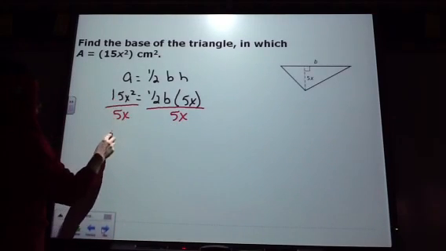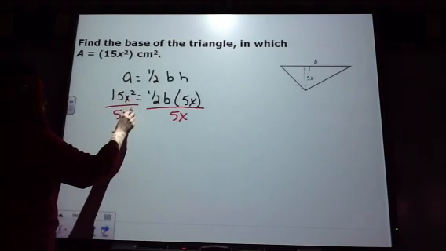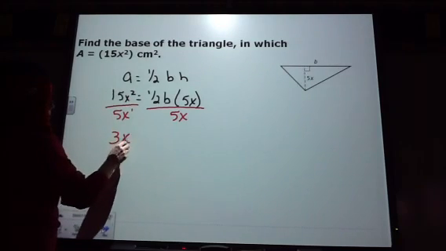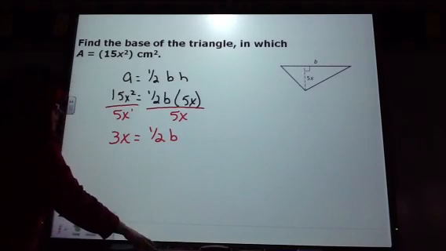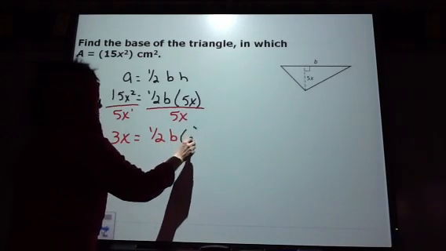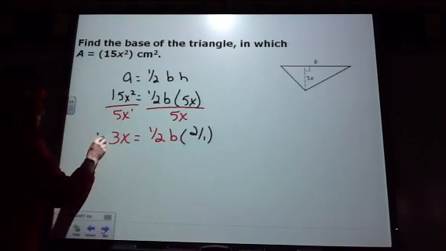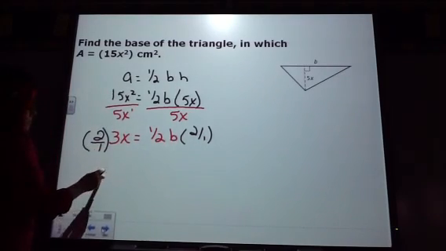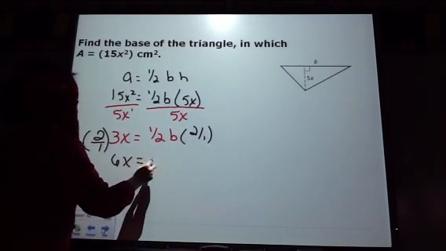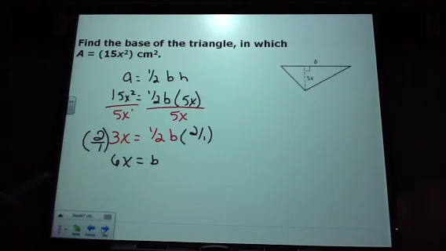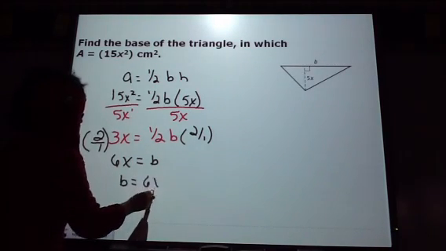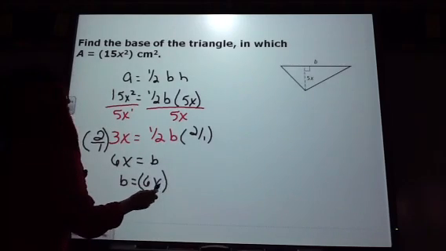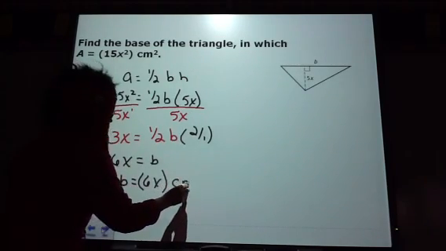So 15 divided by 5 is 3. x squared divided by x gives me x. And then to cancel out the 1/2, I multiply by its reciprocal. So I have 6x equals b. So my base is 6x. That represents a number, and we're talking about centimeters.